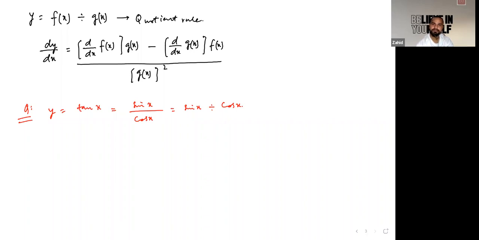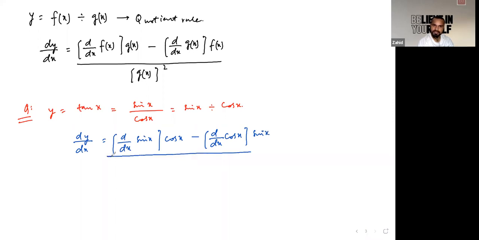Raza, is it clear? Yes, sir. Now apply the formula: dy/dx equals differentiate its first part, that is sin x, multiplied by second, that is cos x, minus differentiate the second part, multiplied by first, and the whole divided by the square of the denominator, that is cos x.